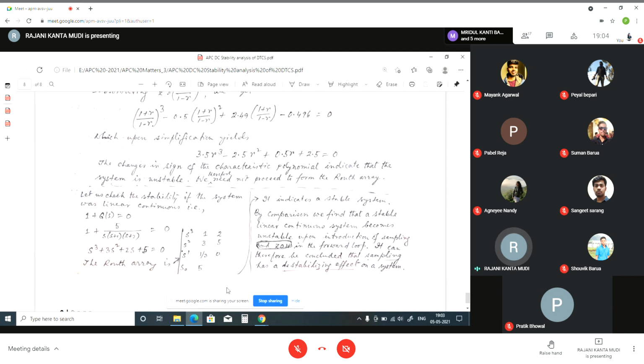If there is any sign change in the first column, then there is a root outside the left half of the new variable plane, which indicates that there is a root outside of the unit circle.